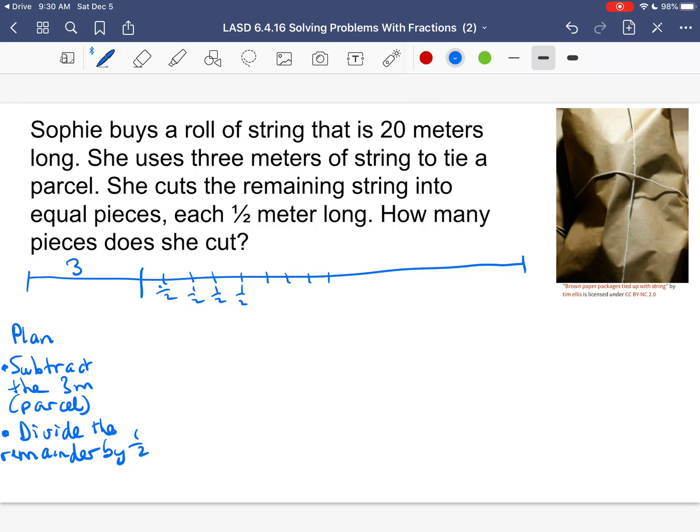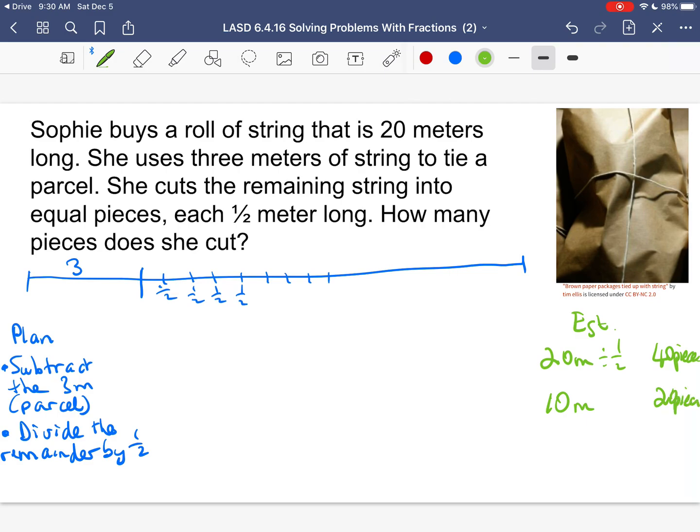Let me do an estimate as well. If I cut the entire 20 meters by halves, there's 2 halves in each of the 20s, so that would be 40 pieces. So I'm going to have less than 40. If I had 10 meters and divided in halves, that would be 20 pieces.